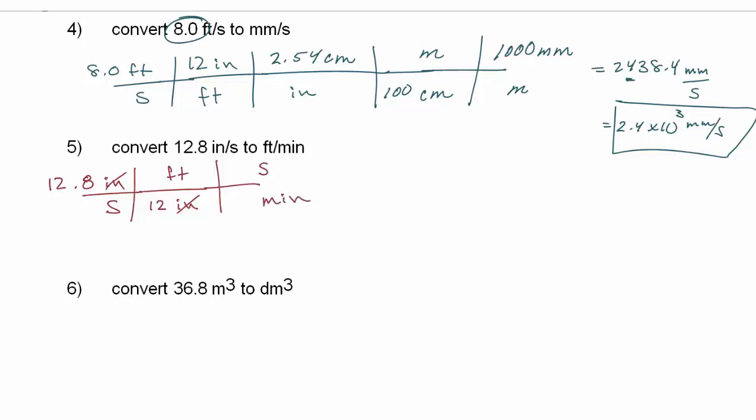How many seconds in a minute? 60. So 12.8 divided by 12 times 60, well, 64 feet per minute. I need how many sig figs? I need 3 sig figs. I only have 2. So I can either use scientific notation or just write 64.0. That would work, right?